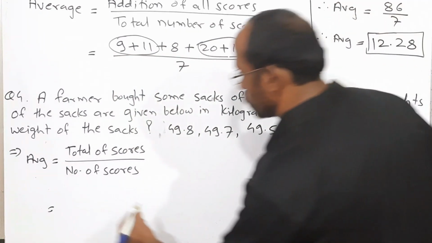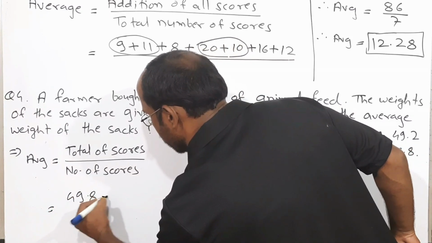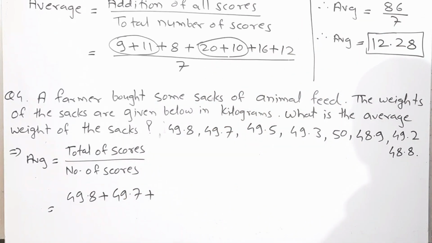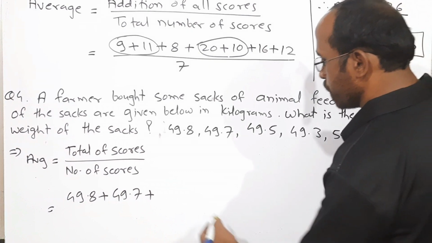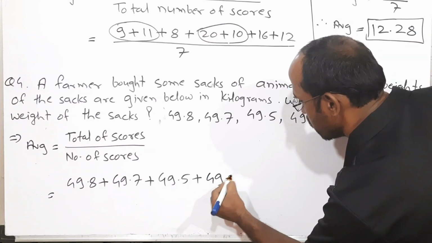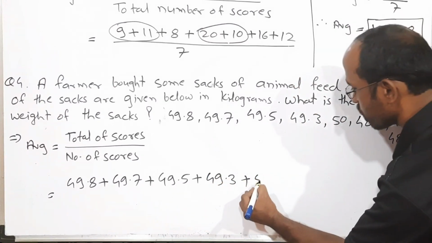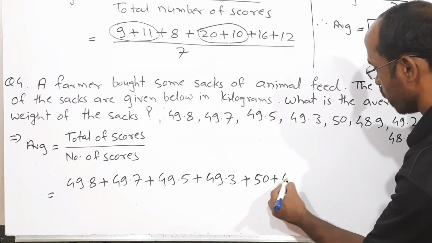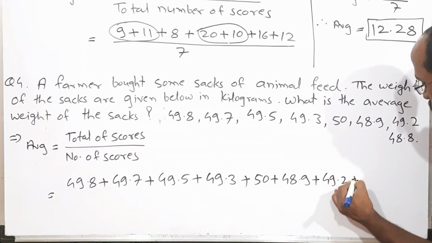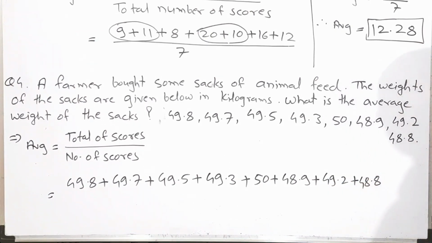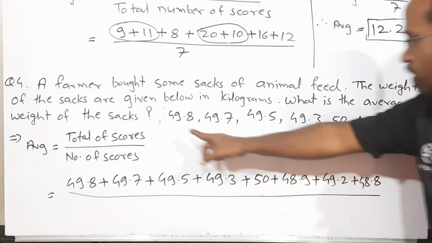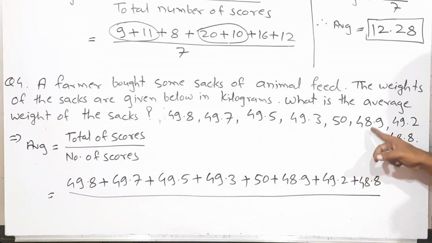Let's write it as equal to 49.8 plus 49.7 plus 49.5 plus 49.3 plus 50 plus 48.9 plus 49.2 plus 48.8, divided by the number of scores. How many scores are there? 1, 2, 3, 4, 5, 6, 7, 8.